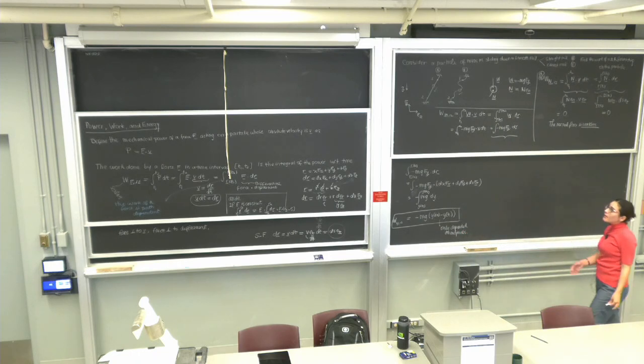Remember, it didn't matter if we went through path A or path B, the work of the weight is the same. That's because the weight is a special kind of force that is a conservative force. We're going to talk about that in a bit. So for those conservative forces, their work only depends on the endpoints of the trajectory. But that's not always true. Not all forces are conservative forces, in other words.